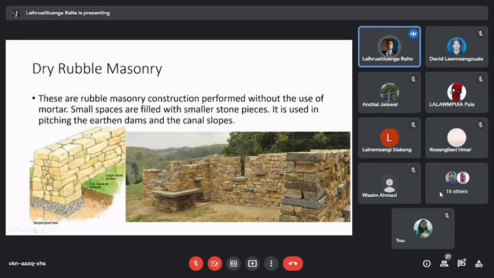You want your stone to lay as flat as possible. So you would often find that the ratio of your stone is always on the flat side, meaning that the height is always lower compared to the width and the length.